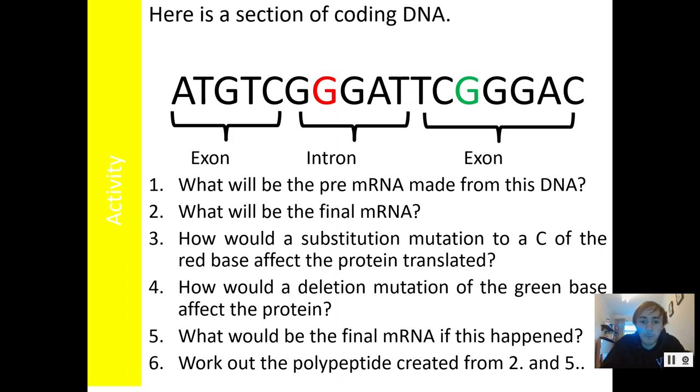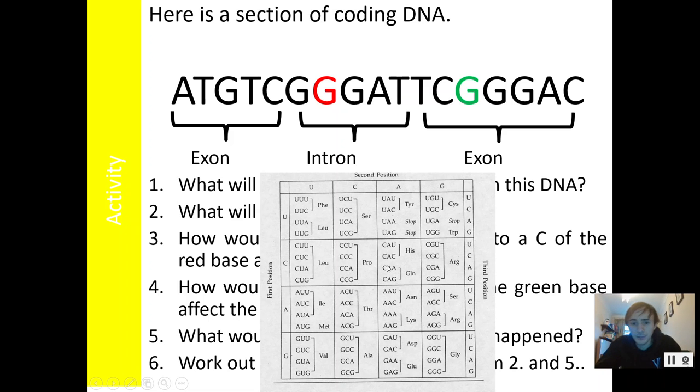And then you're going to use your coding tables to work out which of the amino acids we're going to get. So if I make one pop up, this is the one that you should have had. So we're looking at the final mRNA for the first piece of DNA before we have the mutation.